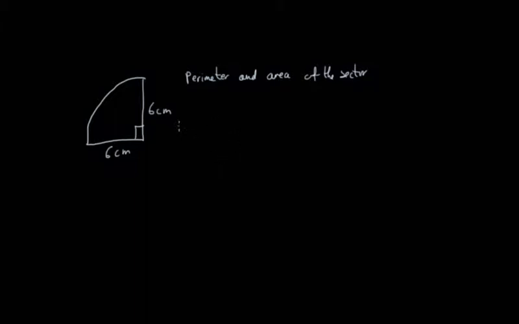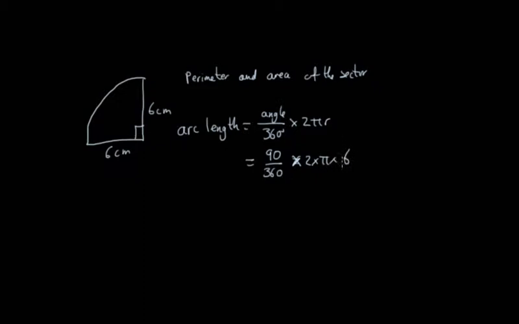So we're going to take, for the perimeter, we first need to find the arc length. So that's going to be the angle over 360 times 2 pi r. So the angle is 90 over 360 times 2 times pi times the radius, which is 6.